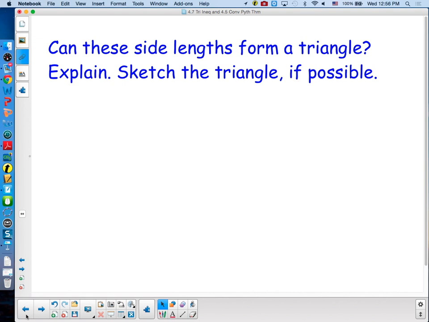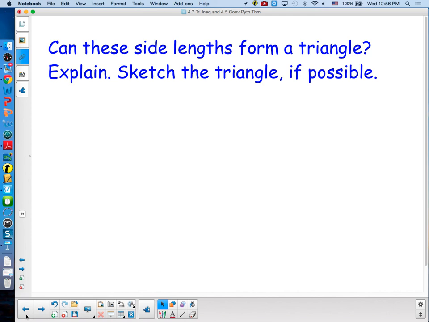How would we know whether it really was a right triangle? We have to try that Pythagorean theorem. We have to see if 10 squared plus 15 squared is 20 squared. So it's hard to know whether it's acute or obtuse, or right. On tomorrow's lesson, we'll figure out whether it's acute, right, or obtuse. So this one was a yes, and some of you were giving me a good picture.